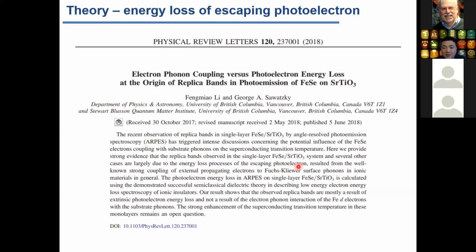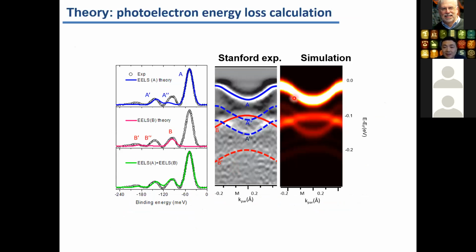They use a semi-classical way to calculate the electric field generated by the phonons and calculate what the energy loss for the electrons would be during that process. You can see here their calculation simulates what the ZSN group measured very well.